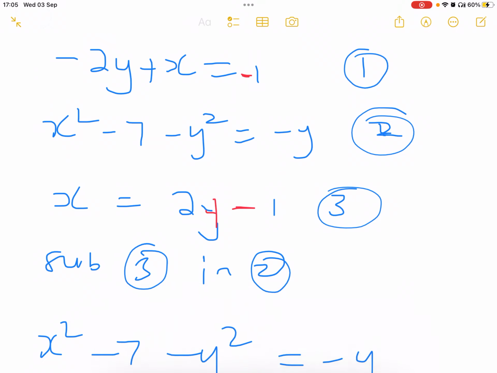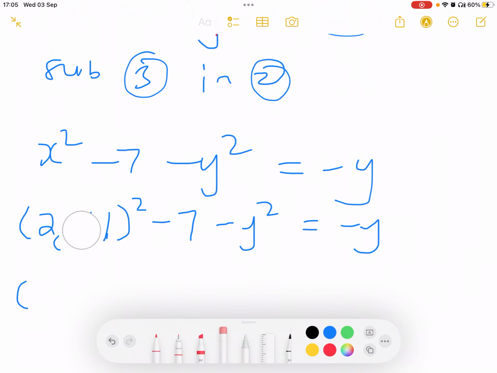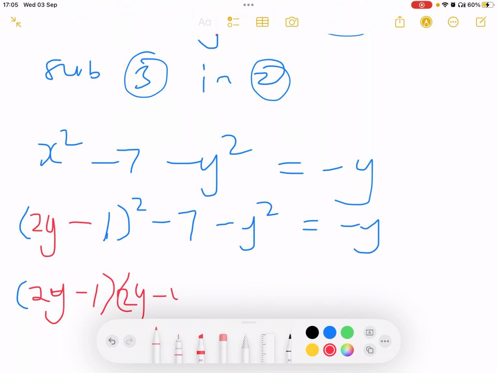Minus. And before we can substitute, x is going to be 2y minus 1. Then we open the two brackets for 2y minus 1, 2y minus 1, minus 7 minus y squared equals negative y.